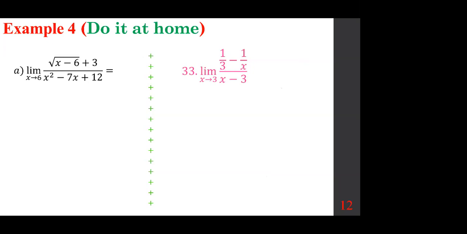So plug in. In fact, just give me the numerator. When you plug in for the numerator, what do you get? Anyone? Just the numerator. 3. Beautiful, because 6 minus 6 goes to 0, you get 3.